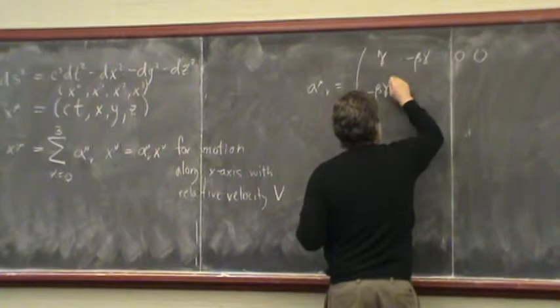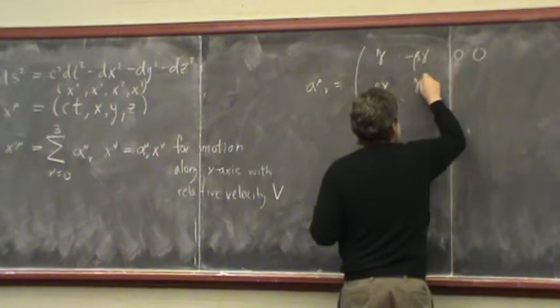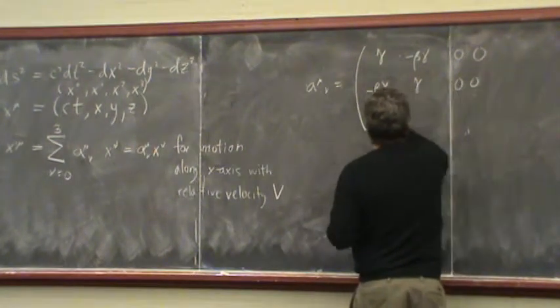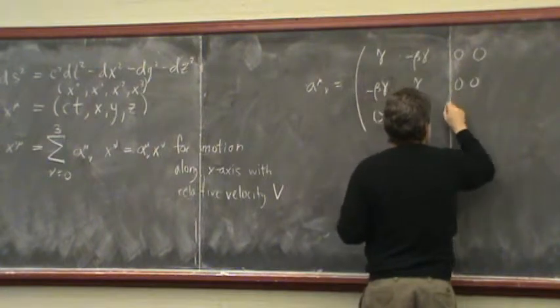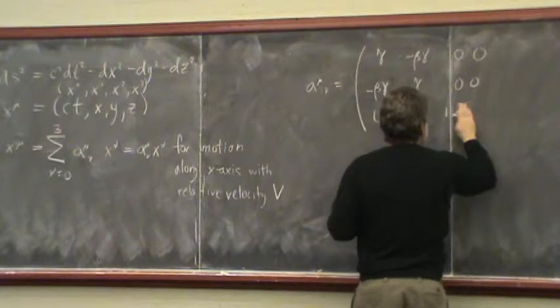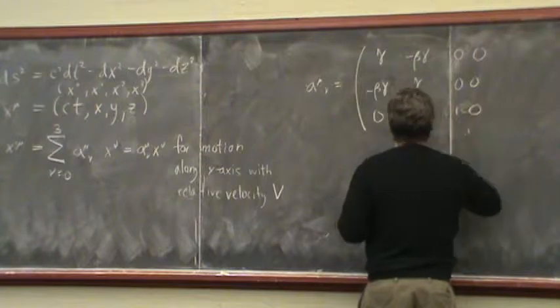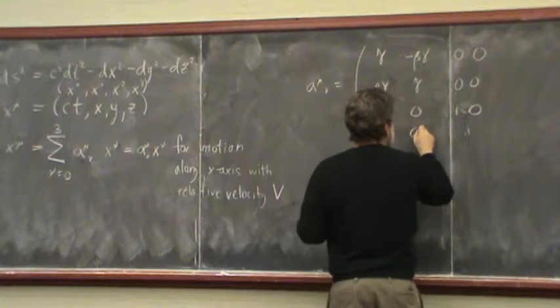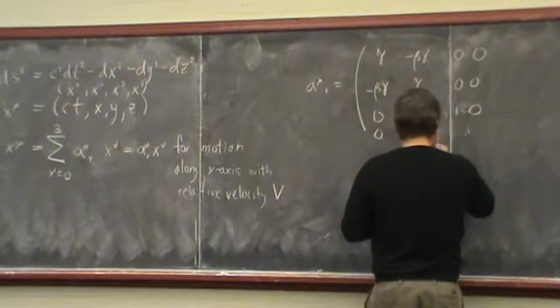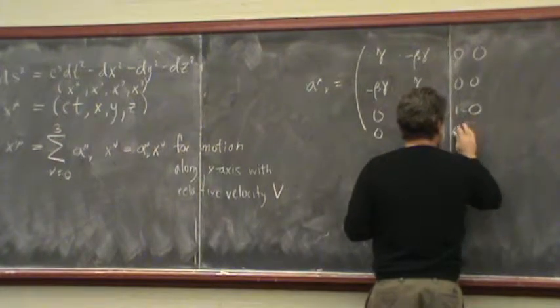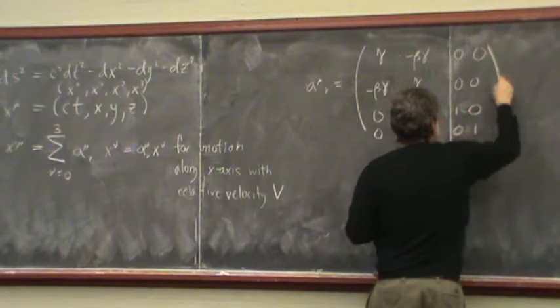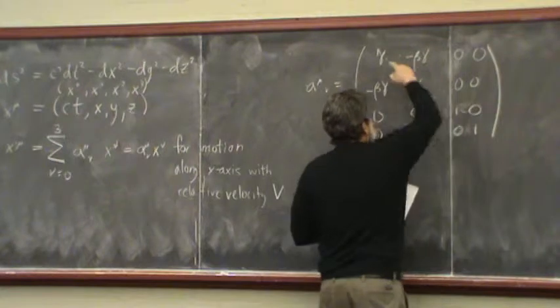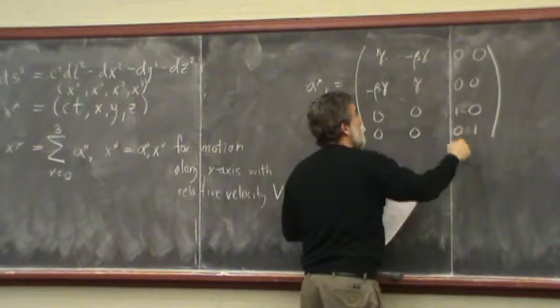Oops. Please don't miss a line. The diagonal is gamma, gamma, 1, 1.